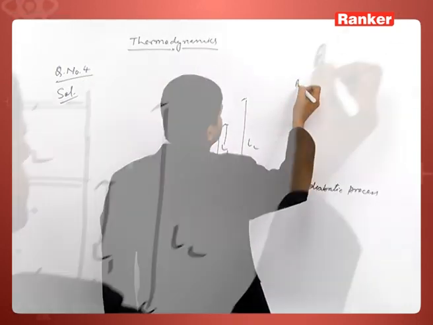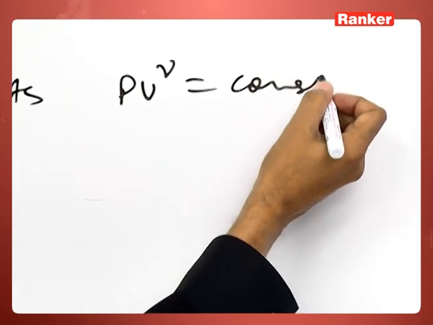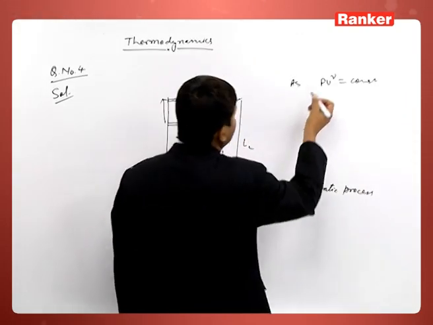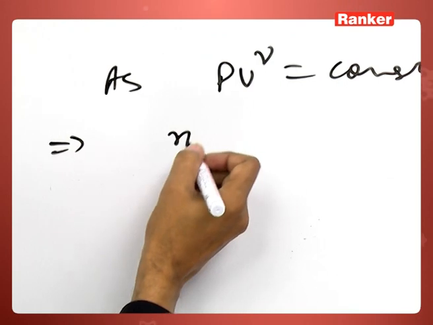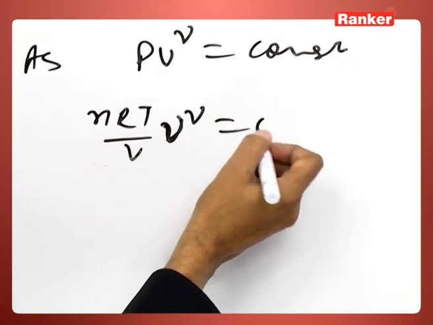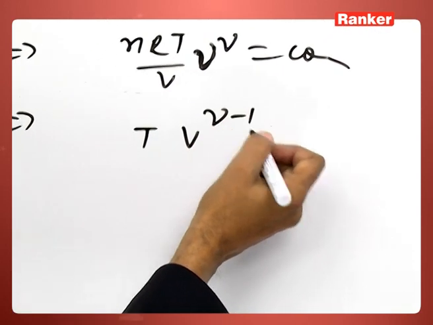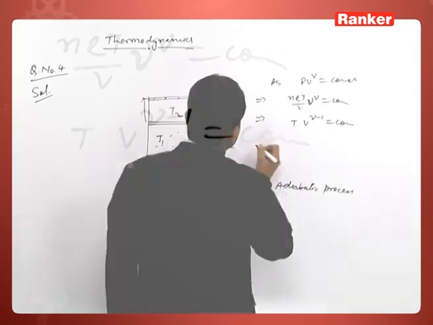So PV to the power gamma is constant in an adiabatic process, and from the ideal gas equation P is written as nRT by V, so gamma constant. Then we can write TV to the power gamma minus 1 is constant.